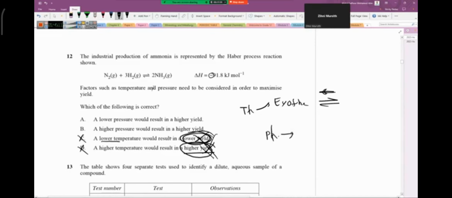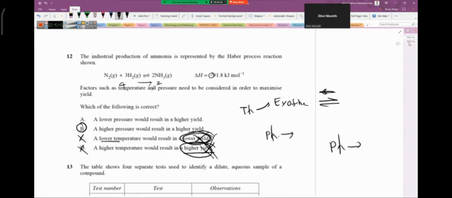The equilibrium will move in the direction where we have a lower number of moles, right? Here we have 4, here we have 2, right? So if you increase the pressure, it will move in this direction, toward fewer moles. So what is the answer? B, right? Can you understand?